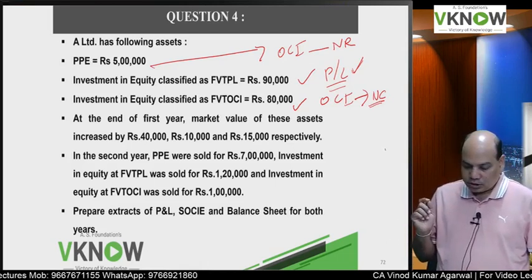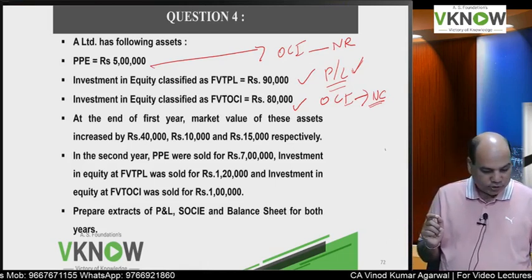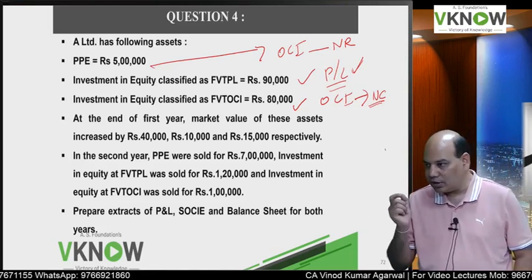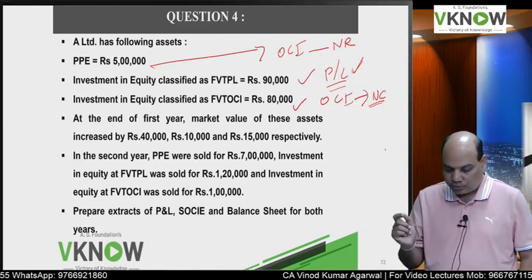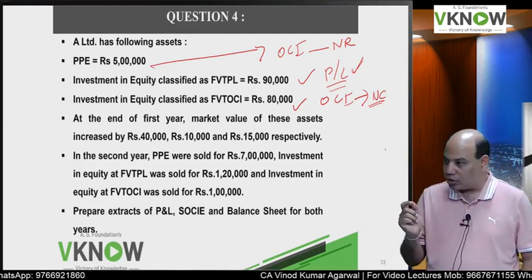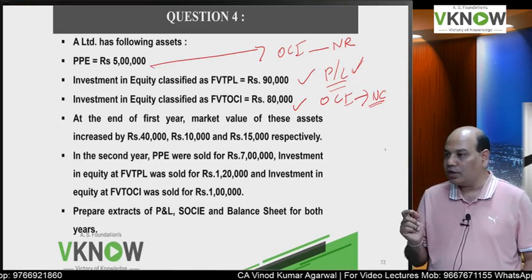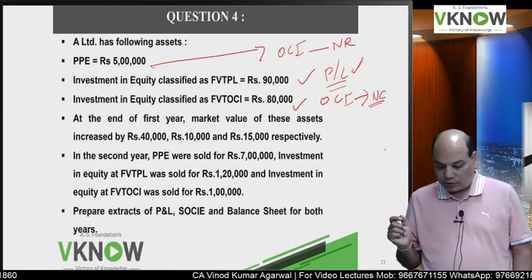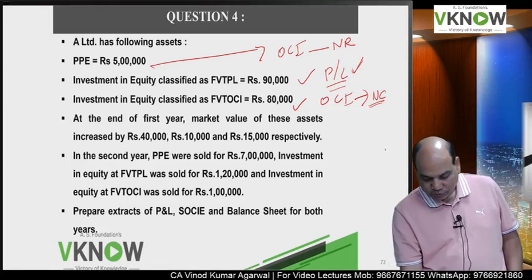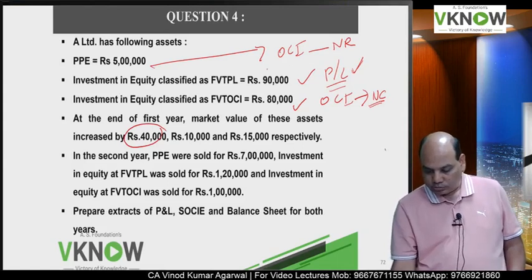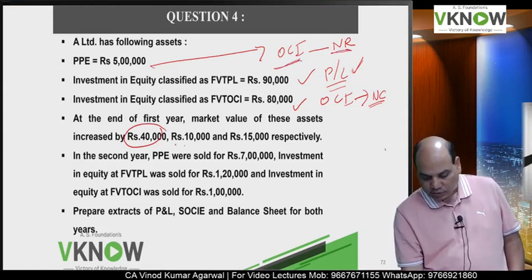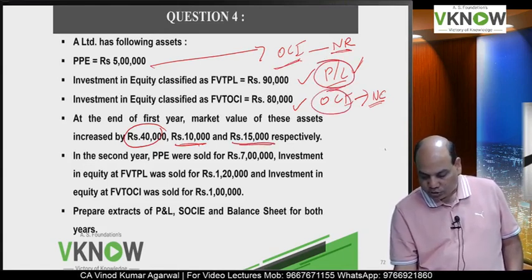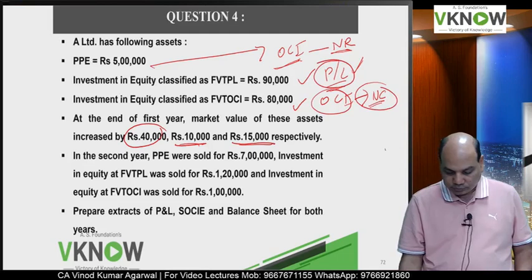Next point, at the end of the first year, market value of these assets increased by 40,000 for PPE, 10,000 for equity instrument classified as FVTPL, and 15,000 for equity instrument classified as FVTOCI. Tell me, where will this be shown? OCI non-recyclable. Where will this 10,000 be shown? P&L account. 15,000, OCI non-recyclable.